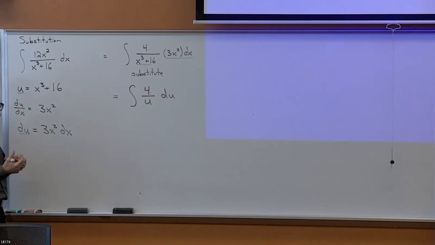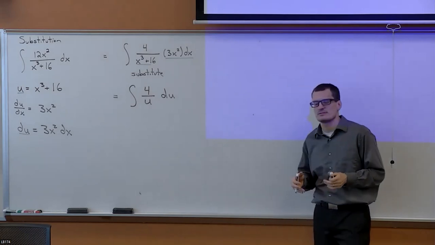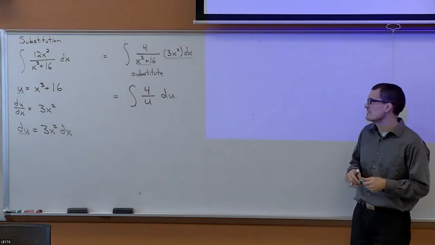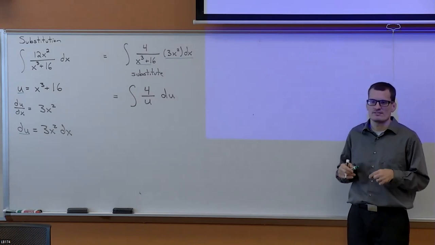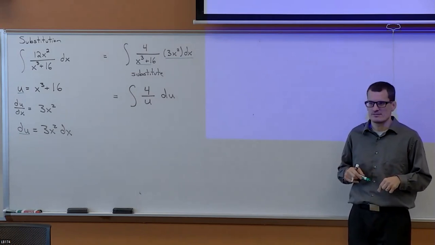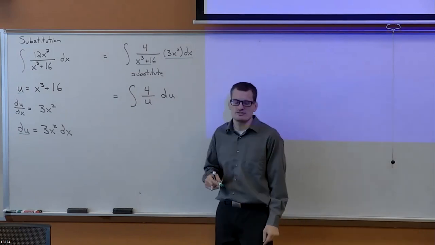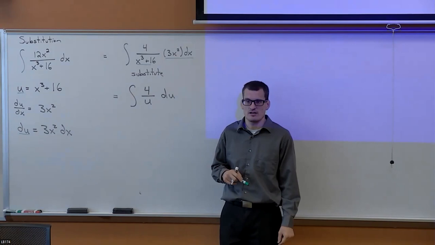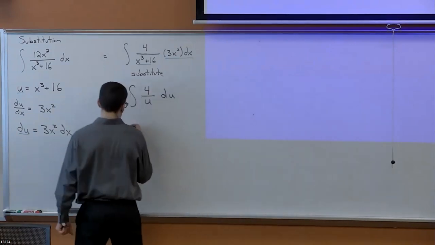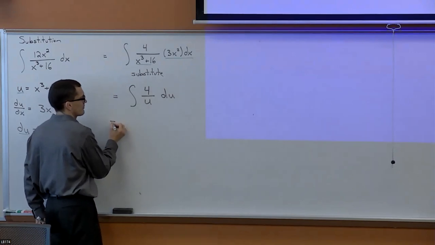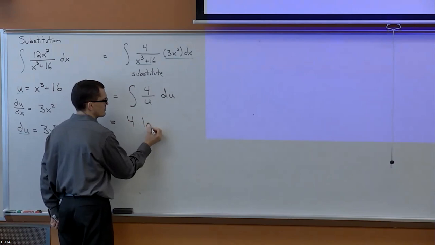We have to remember our base rules of integration. If I'm integrating 1 over u, that's natural log. So 4 over u is simply going to be 4 times natural log. So I integrate, I get 4 times the natural log of u.